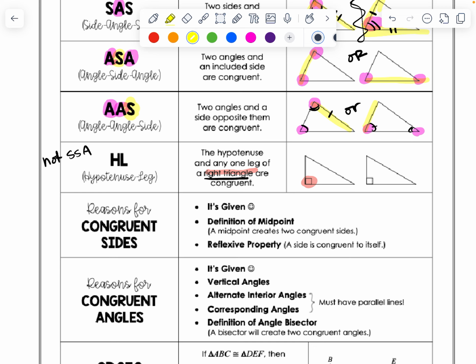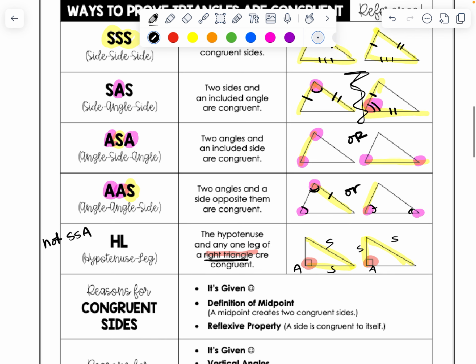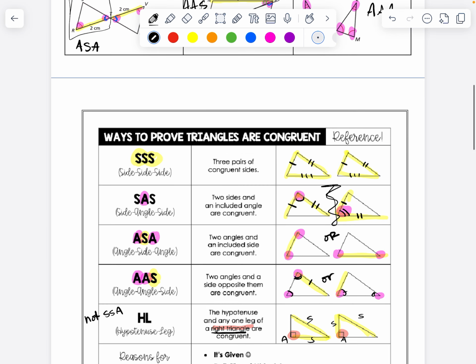So it could be like side, angle, side, angle, right? These are both an S and an A. They look like they could be bad words, but they're in fact hypotenuse leg because they are right angles. If it gives you the bad word backwards without a right angle, they are not congruent. My other ones that are not congruent.